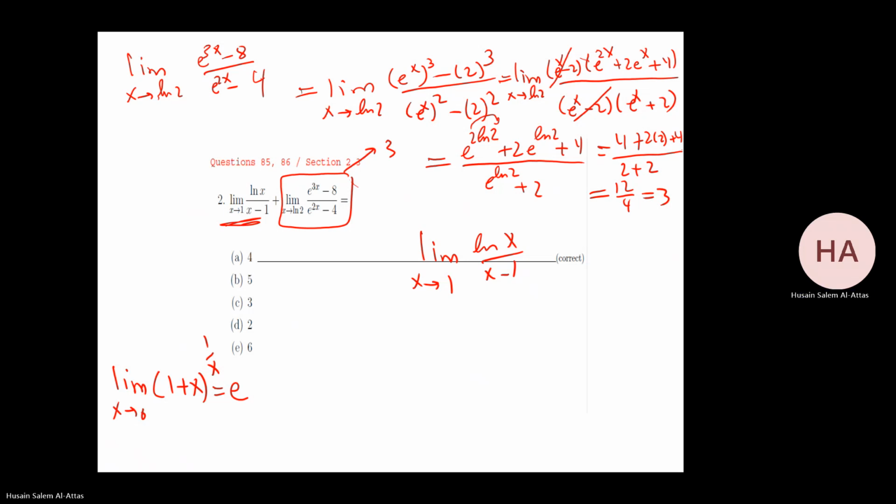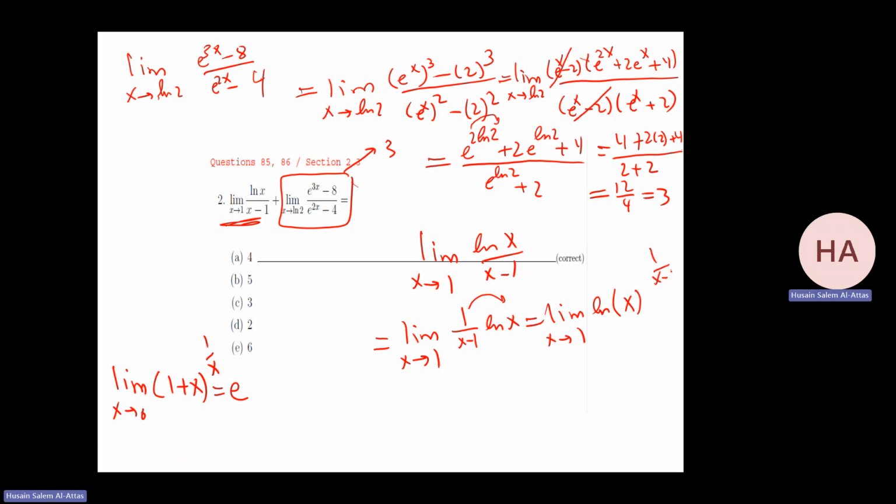So here, the limit as x goes to 1, it's something to the power 1 over x minus 1 times ln x. So I can take this as a power, so that will be the limit as x goes to 1 of ln x to the power 1 over x minus 1.